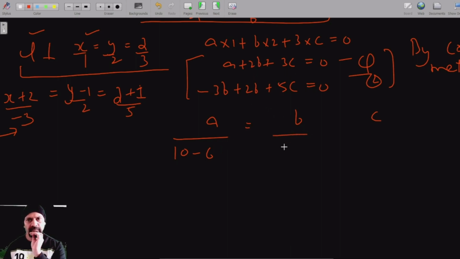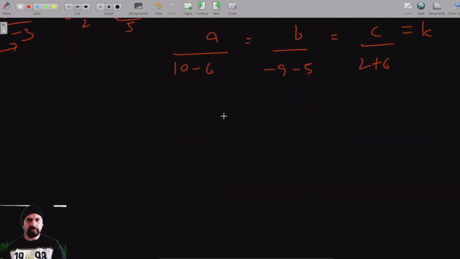Hide the b terms, which is minus 9 minus 5 is equal to c. Hide the c terms, which is 2 plus 6. Let's say this is equal to some constant k. So a is equal to 4k, b is equal to negative 14k, and c is equal to 8k.